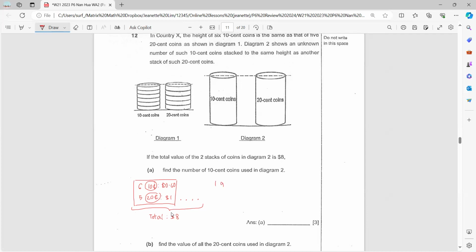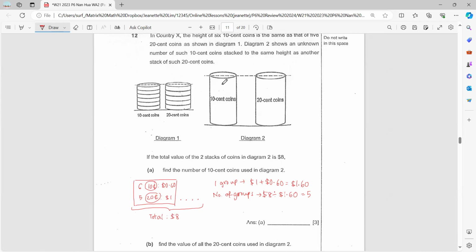So every one group, what is the value? $1 plus 60 cents, 160. How many groups are there such that it can give me $8? So number of groups, I take $8, I divide by 160. So there are 5 groups. There are actually 5 groups of this.